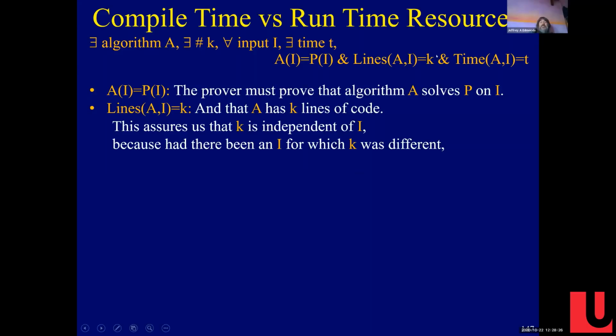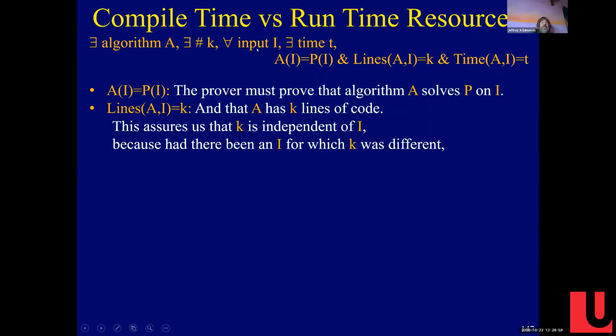But let's for a minute pretend that the number of lines of code in the algorithm depends on the input. That means on some inputs we get one K, and on some inputs we get a different K, right? Now, which K would the prover come up with? If on some inputs you get one K and on some inputs you get that other K, he's going to have a hard time choosing that K. But he has to fix some K, right?